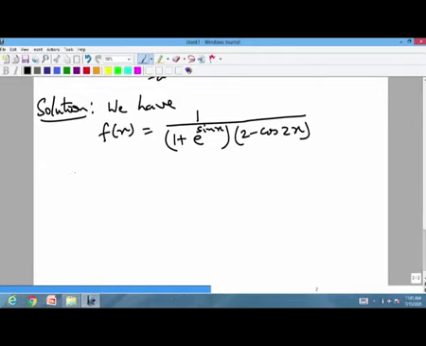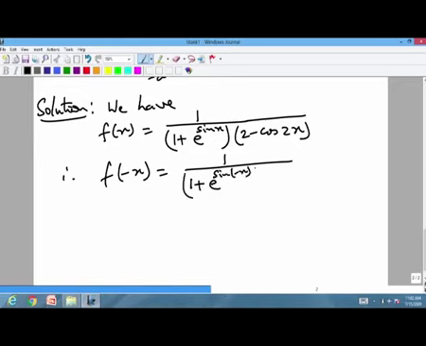Now, let us evaluate f(minus x). This is equal to 1 over (1 plus e to the power sin of minus x) times (2 minus cos of minus 2x).